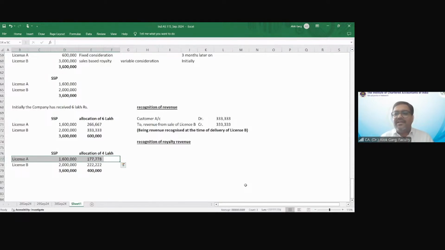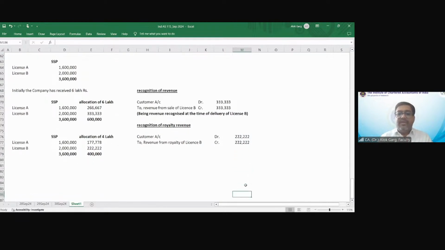So my dear friends, that is why we will not recognize revenue with respect to license A. We will only recognize revenue with respect to license B. Customer account debit to revenue from royalty of license B. Okay. So how much revenue will I recognize? 2,22,222. Is that clear?